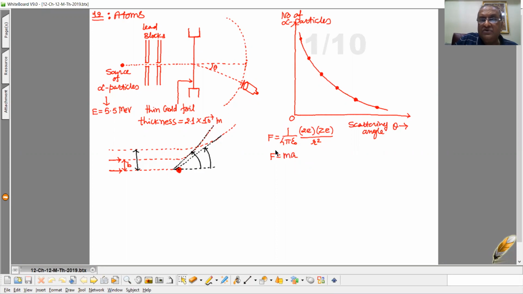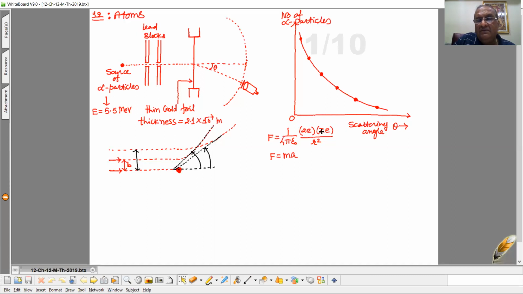So as per Coulomb's law, the force between the center of the atom and the alpha particle is 1 upon 4 pi epsilon 0 q1 q2, the charge possessed by helium, that is 2e, the alpha particle, and the charge possessed by the gold atom.